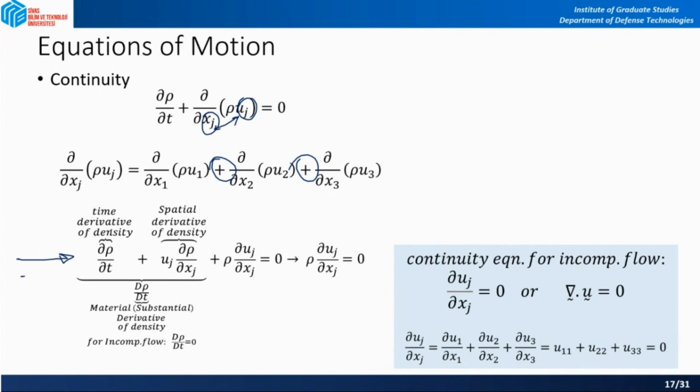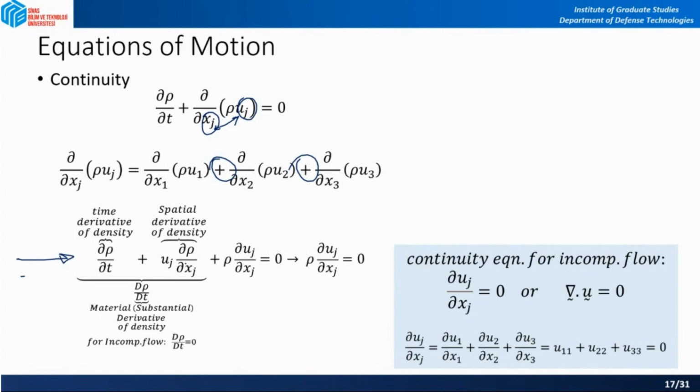So first of all, the time derivative of the density, d rho over dt plus, okay, you take this density outside of the differentiation, so it will be, let's say, uj d rho dxj plus rho duj dxj equal to 0.